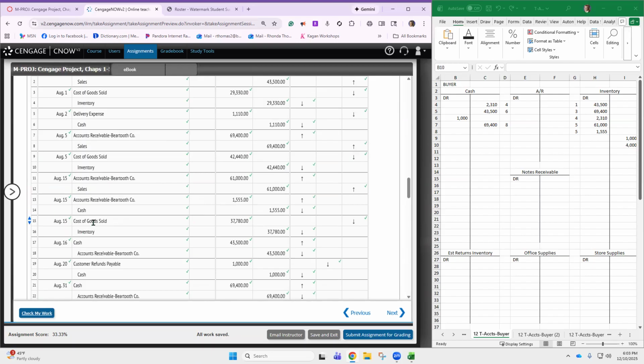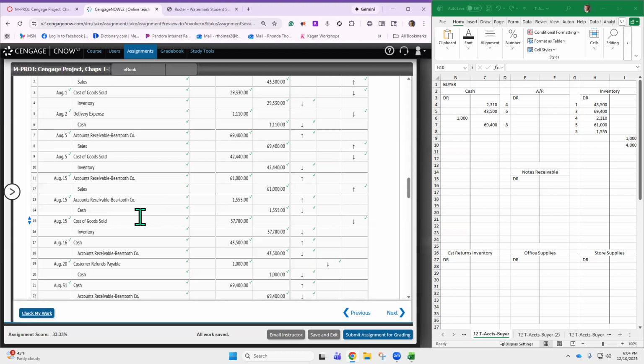Everybody look at the seller's journal entries here, real quick. From the seller's point of view, they really want to keep this separate because they want to know what their stuff was. These three here all were about that transaction on the 15th.